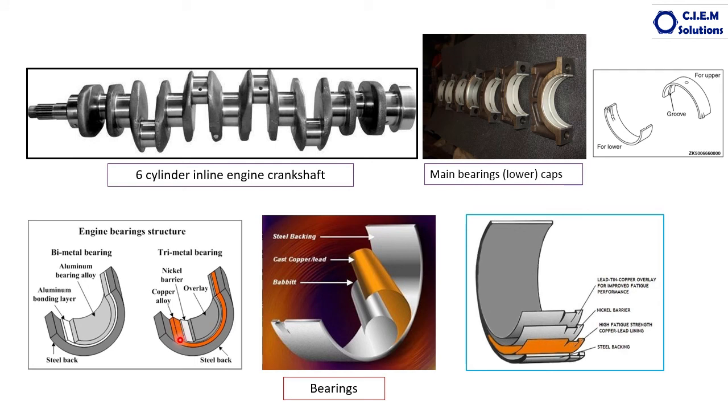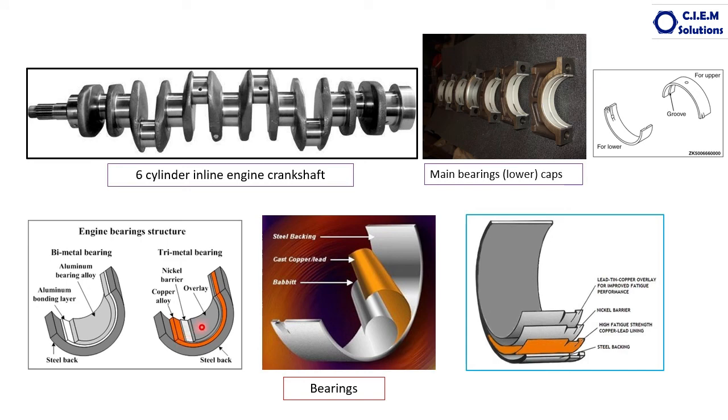There is a specific purpose in choosing copper alloy, because this should be able to withstand the shocks provided in the internal combustion during the power strokes, and again it should be able to withstand high fatigue stresses. Depending on the bearing size, it will be approximately 0.2 to 0.5 mm thickness.